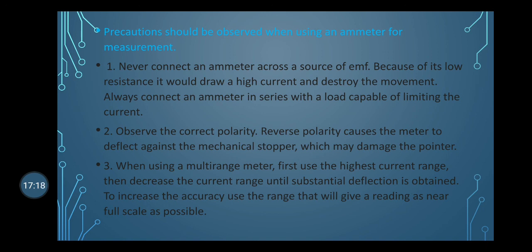The second precaution is to observe the correct polarity. Reverse polarity causes the meter to deflect against the mechanical stopper, which may damage the pointer. When an ammeter is connected in a circuit, it should be connected with proper polarity.